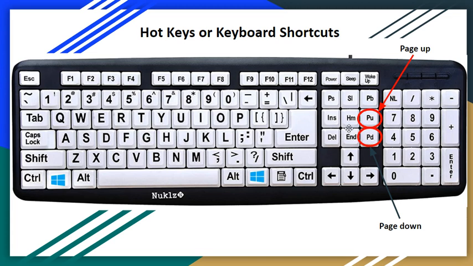Now if you're reading a multi-page document, it's easier to use these two shortcut hotkeys to navigate through the document. You have Page Up and you have Page Down.